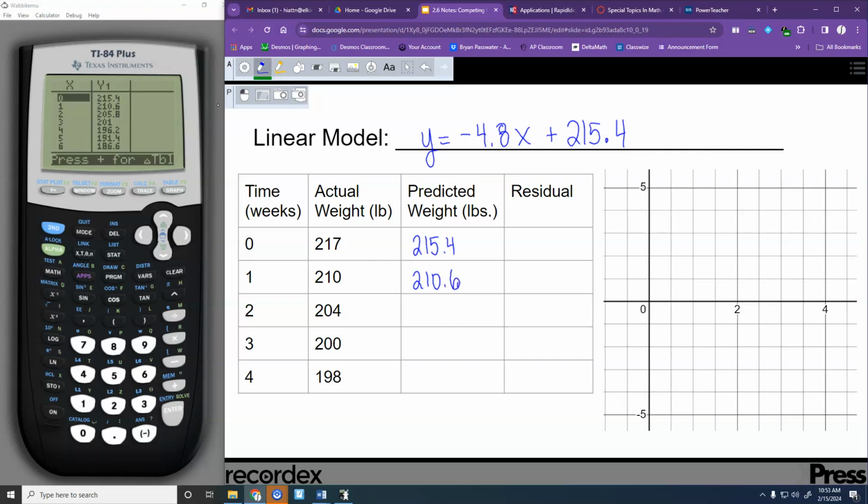You probably did not store it. Did you do second graph, or did you go to... Yours is still on ask. No, you don't have... Hit Y equals. Yeah, I think your Y equals is empty. Yeah, it's empty. You did not store it. I don't know why it didn't store. Try your regression again.